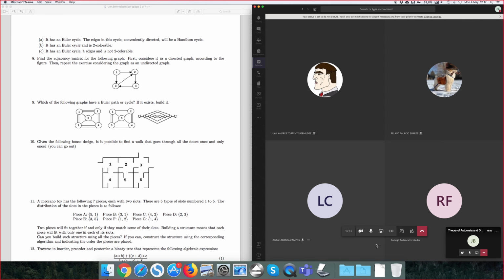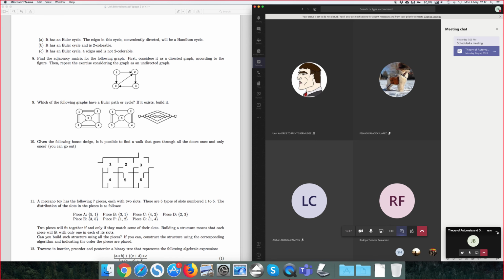I only see 4 people here. I don't know if there are other people connected. So let's vote. Please tell me or write in the chat what you want, exam or worksheet. Worksheet.